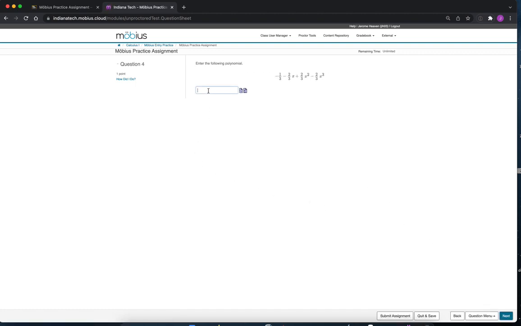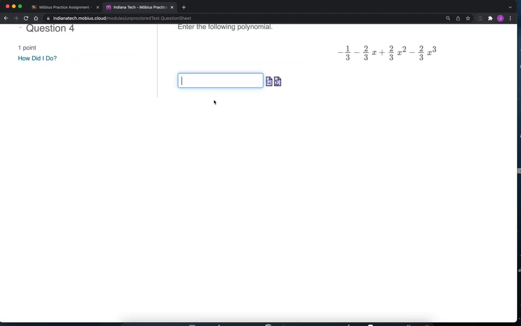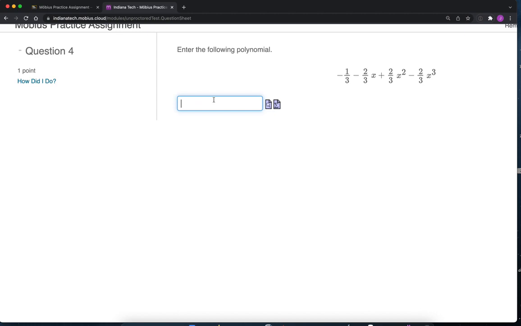Here we're going to enter a polynomial. So I'm going to zoom back in on this one a little bit again, just so you can see. Here we do have the option to switch to 2D. I'm just going to show you, again, this is why I like the text, because I can just type things in pretty quickly. So let's go from left to right. -1/3 minus 2/3 times x.